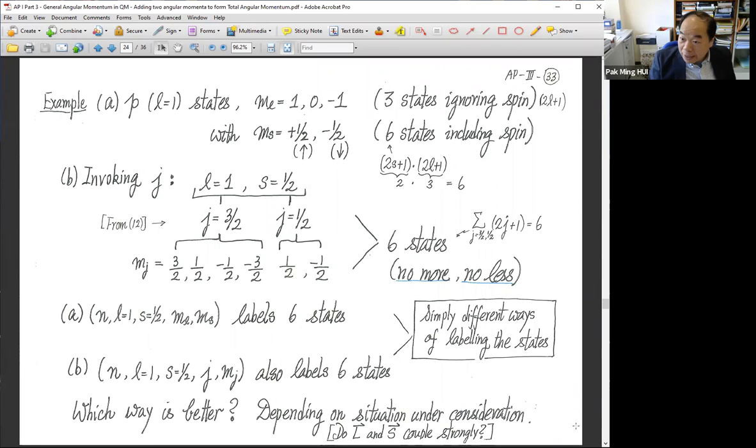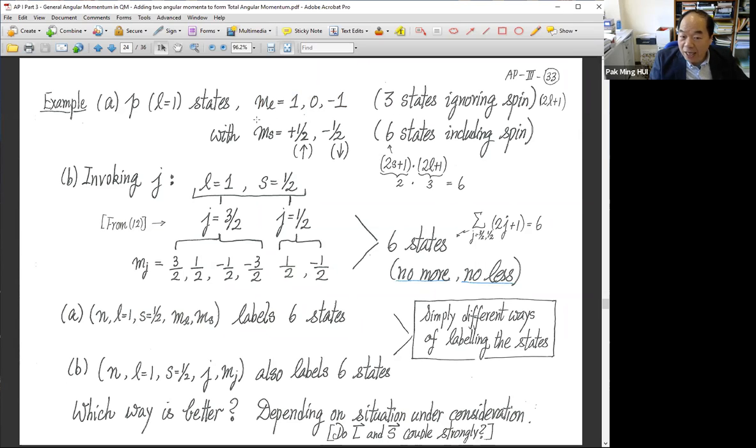Let's work out an example. Okay. P state. In our previous description, ML is 1, 0, minus 1. This is Y11, Y10, Y1 minus 1, spherical harmonics.